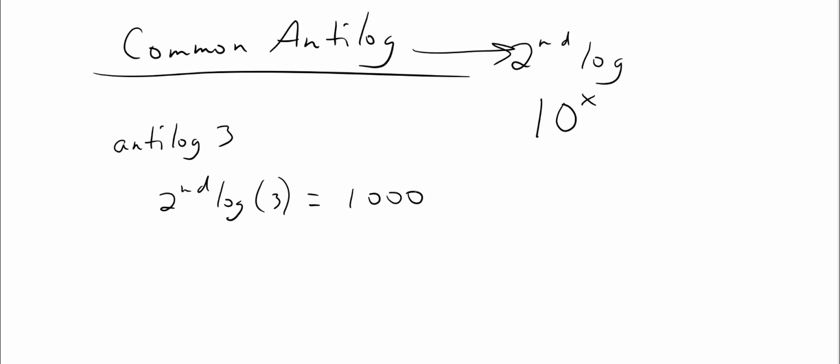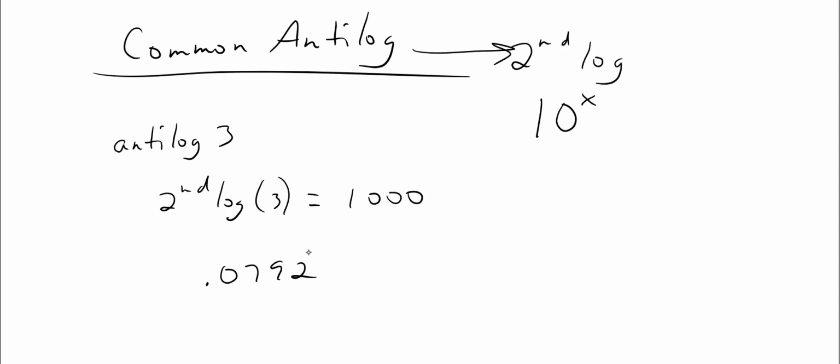It's like super easy. Okay, so I do anti-log of 0.0792. So I'm going to do second log of 0.0792.